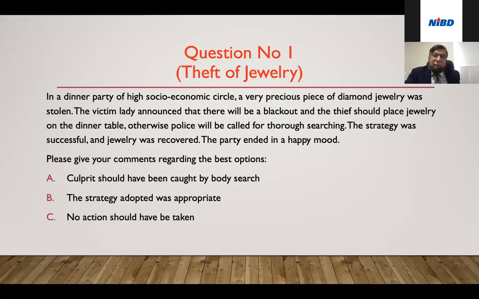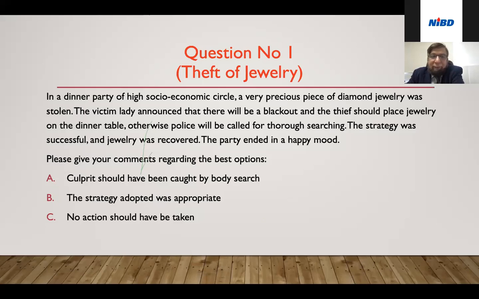Most of the majority says A, that the culprit should have been caught after thorough checking, and a few people said the adopted strategy was correct, no need of finding any particular person. Mr. Zain says no action should have been taken.